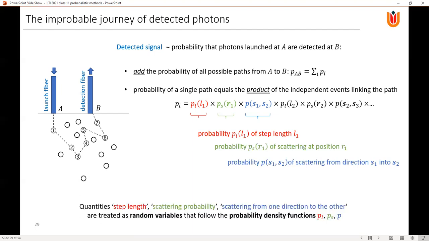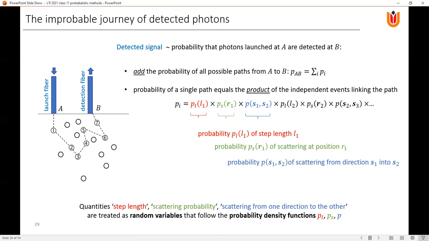And then it repeats: the probability of being scattered at location 2, and of being scattered from direction 2 to direction 3, etc. So we can boil this whole path down into three steps that we can keep repeating: the probability of traveling a certain step length between scattering events, the probability of scattering itself, and the probability of scattering from one direction to the other.